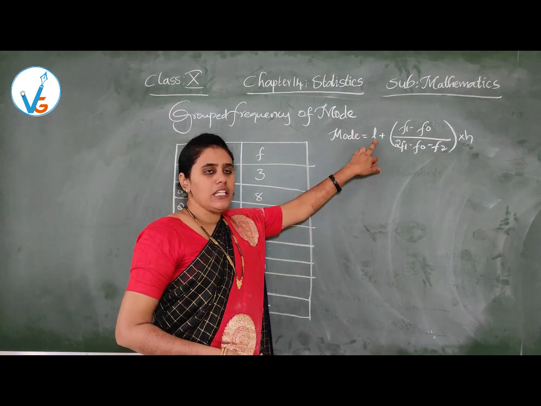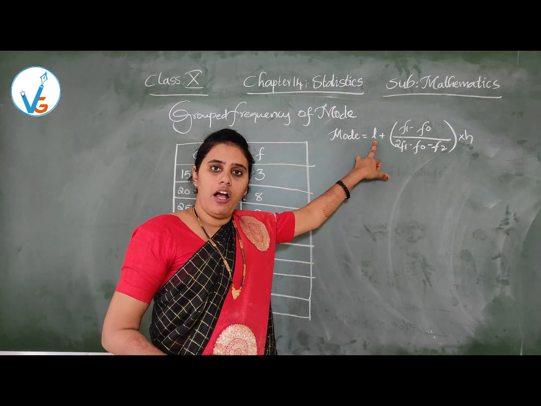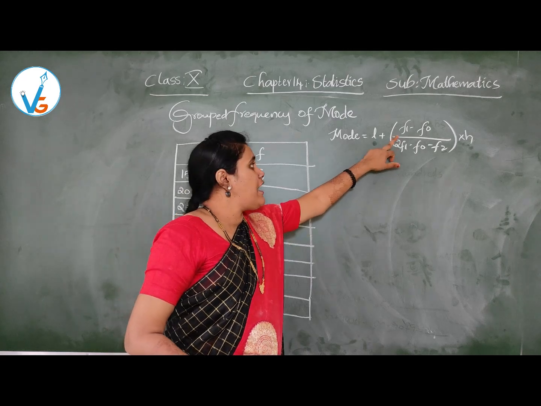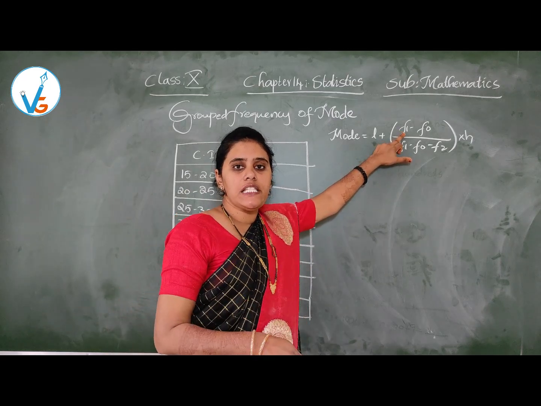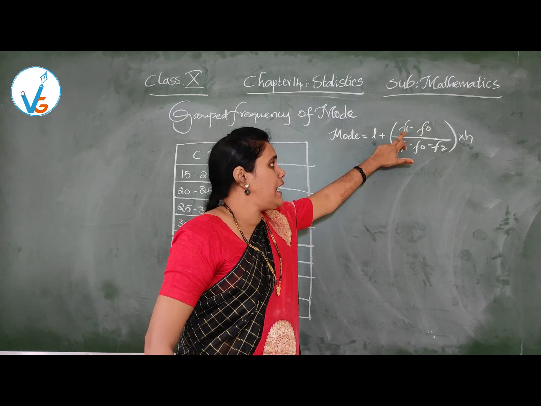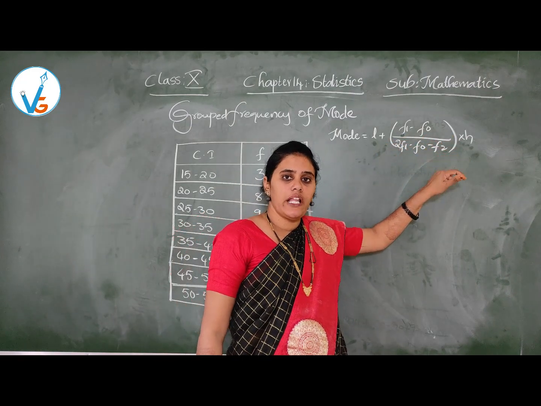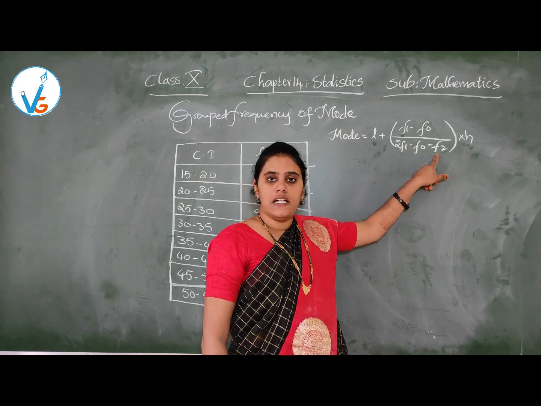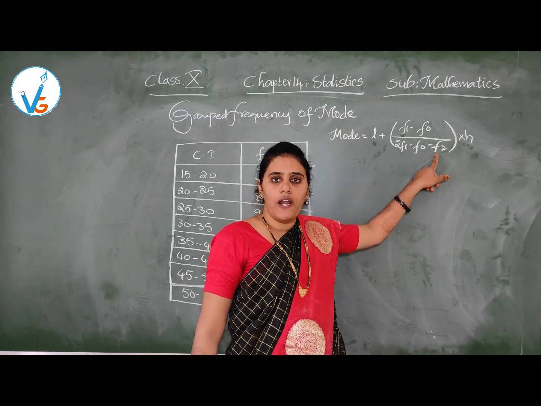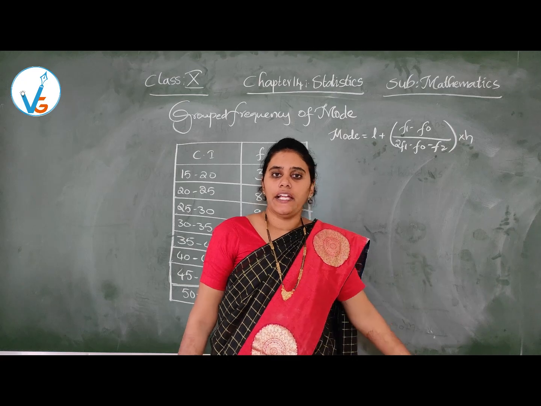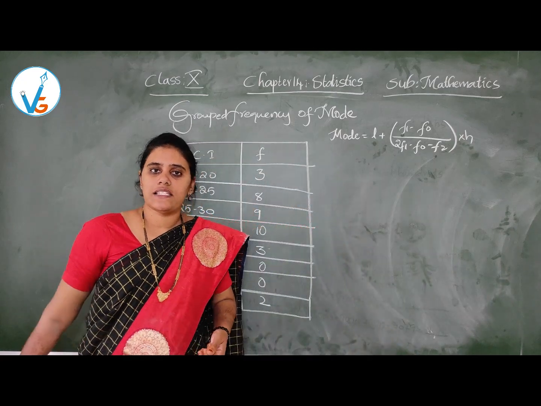L is the lower boundary of the model class, f1 is the frequency of the model class, f0 is the preceding frequency of the model class, f2 is the succeeding frequency of the model class, and h is the height of the class or class size.